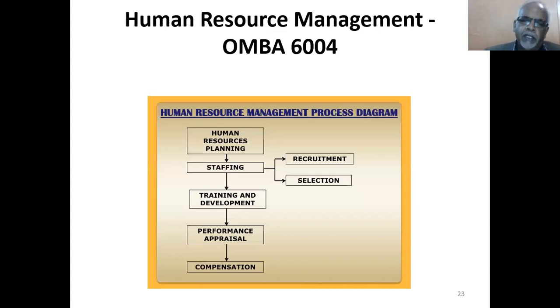All these different HR functions are connected to the human resource plan. And that's why the human resource planning process can be viewed as a foundation process for all other human resource activities of the organization.